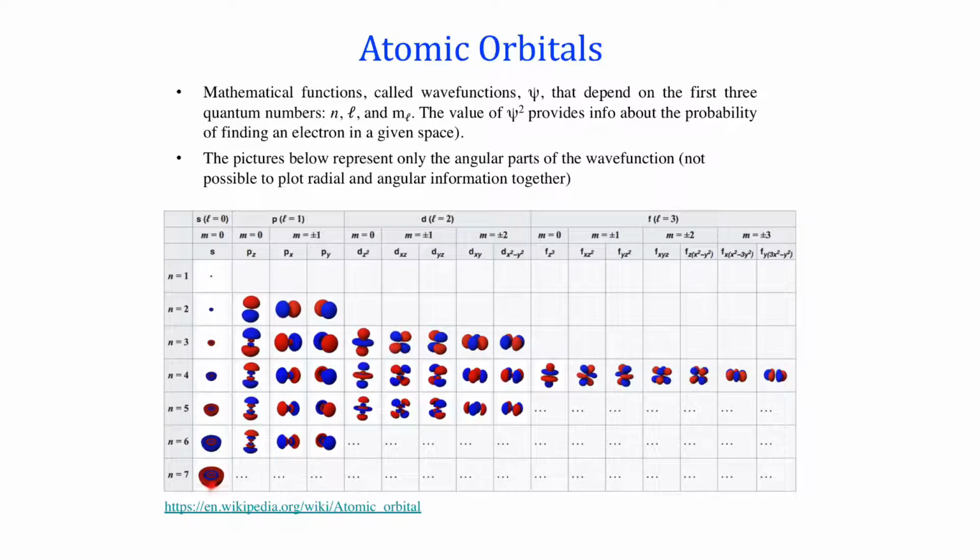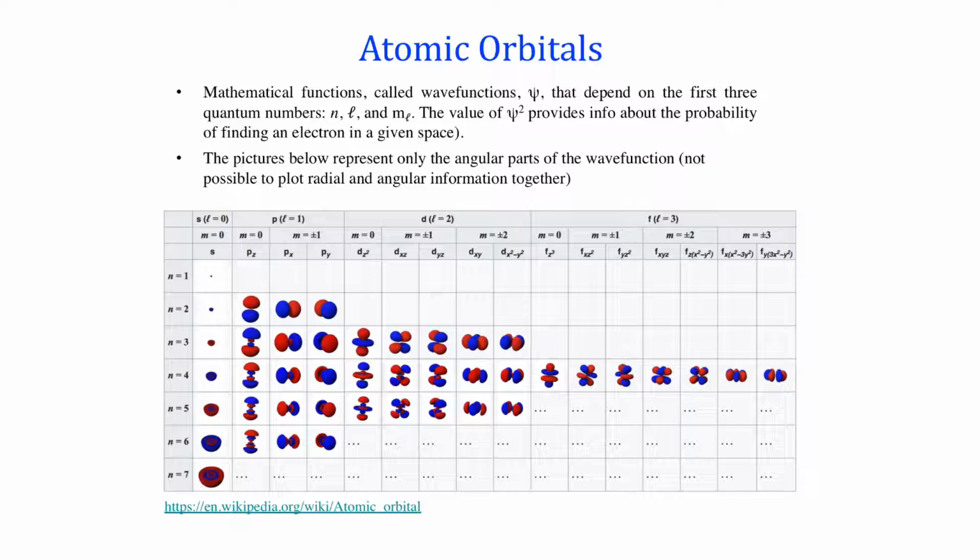We start to have things called nodes that pop up, which are little regions where you don't find any electron density. Don't worry about that too much right now. You'll get to spend some more time with that when you get to some of your other chemistry classes. For now, we're just interested in getting acquainted with the relative shapes of these different orbitals. So s orbitals are spherical.